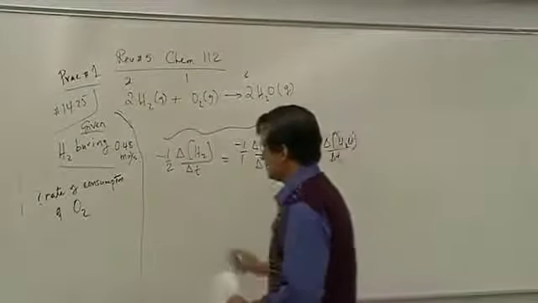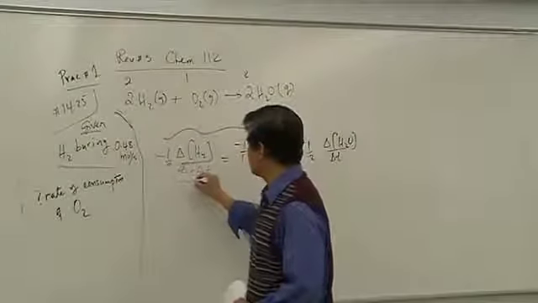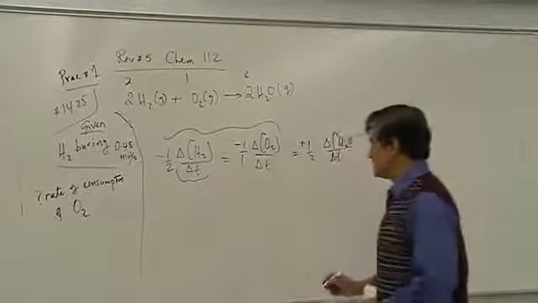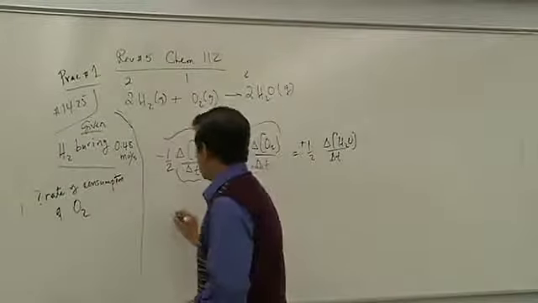So let's write down this value. Hydrogen is burning. Burning means this value is given: minus delta H2 by delta T, and that value is 0.48.